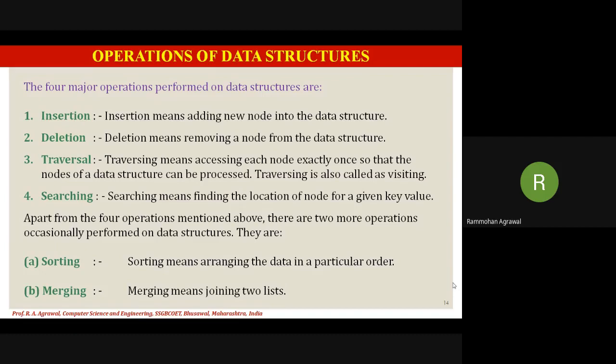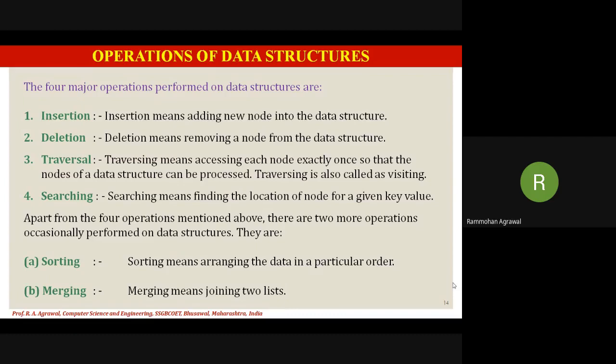That value may be added to the front or to the bottom, depending on the type of data structure you have created, whether it is first in first out, last in first out, a priority queue, or anything else. So insertion generally means adding a new element to the data structure.